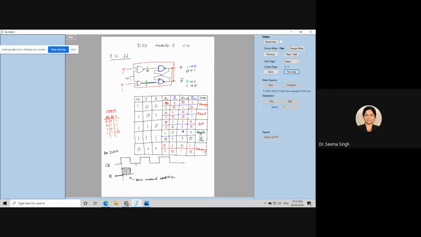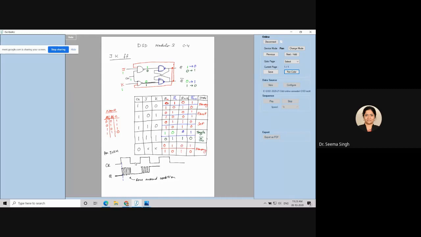When clock is equal to 0, then it will not bother. It will remain however it is. Again, when clock equal to 1 came, it will start toggling, and at the end of your high clock pulse, whichever situation it is in, it will remain in that situation for clock equal to 0.